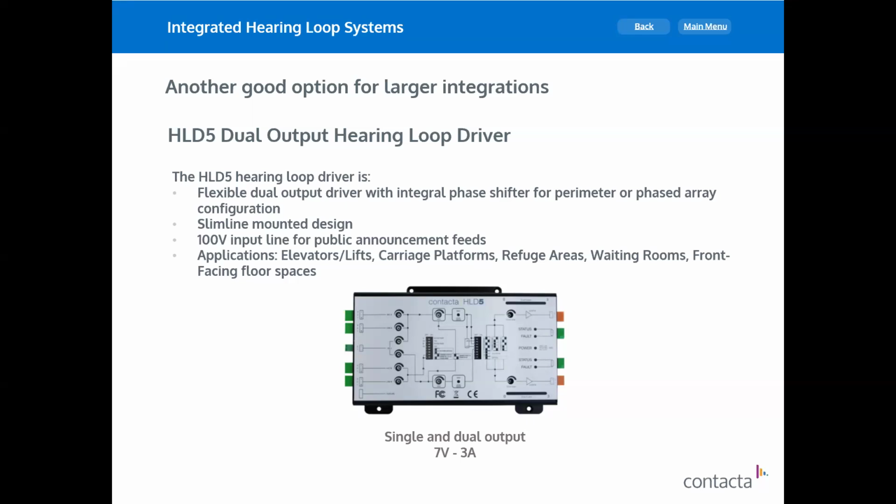And it has a flexible dual output option. So with dipswitches, you can make it a phased array driver. It's got a phase shifter, or you can make it a perimeter driver as well. It is, however, bigger in terms of its size. It also costs more, but it is excellent for medium-sized integrations.